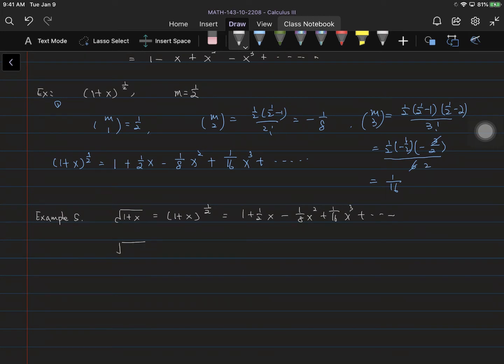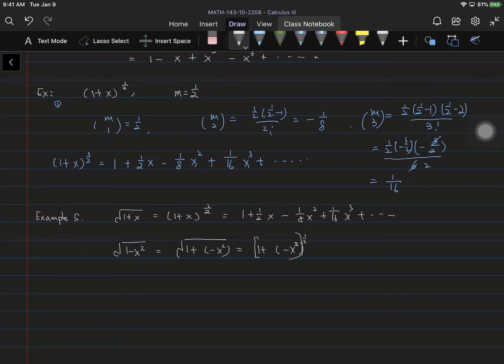Now let's take a look at the other one: root of 1 minus x squared. In this case, we can look at this as 1 plus negative x squared under the square root, or (1 plus negative x squared) to the 1/2 power.